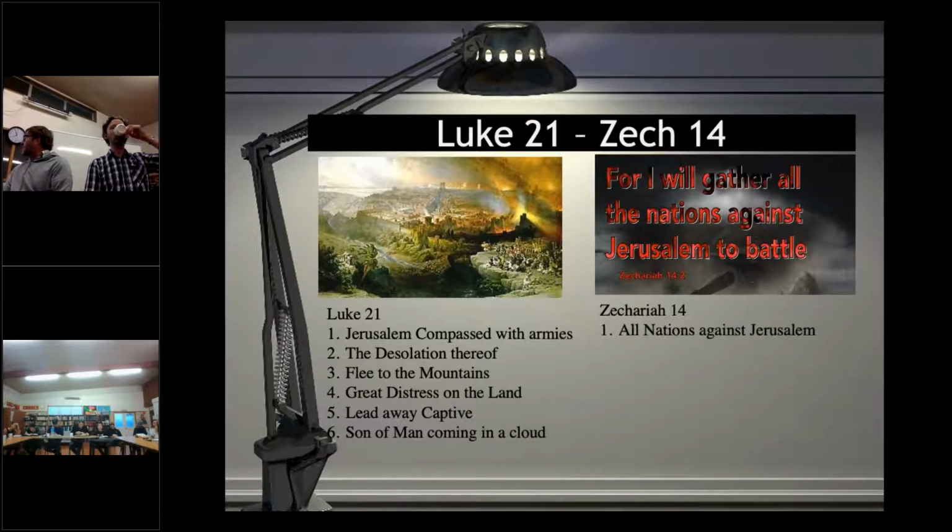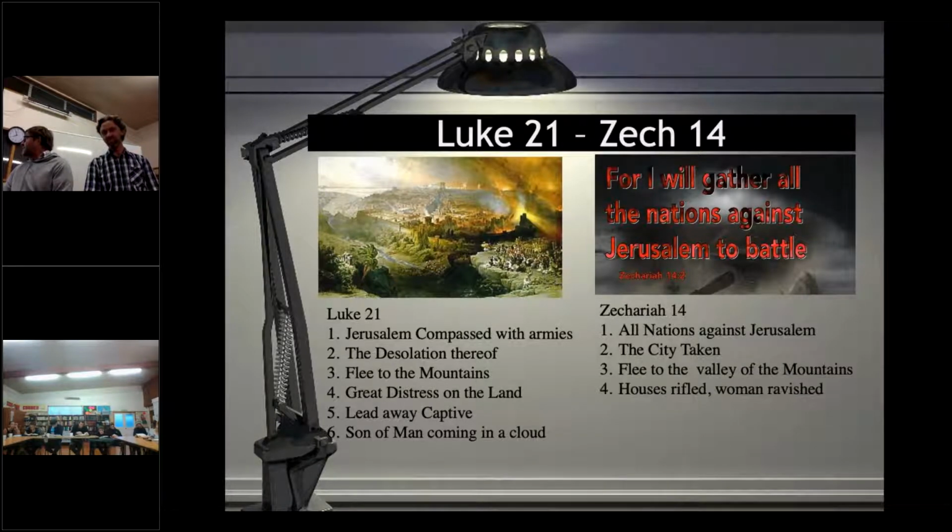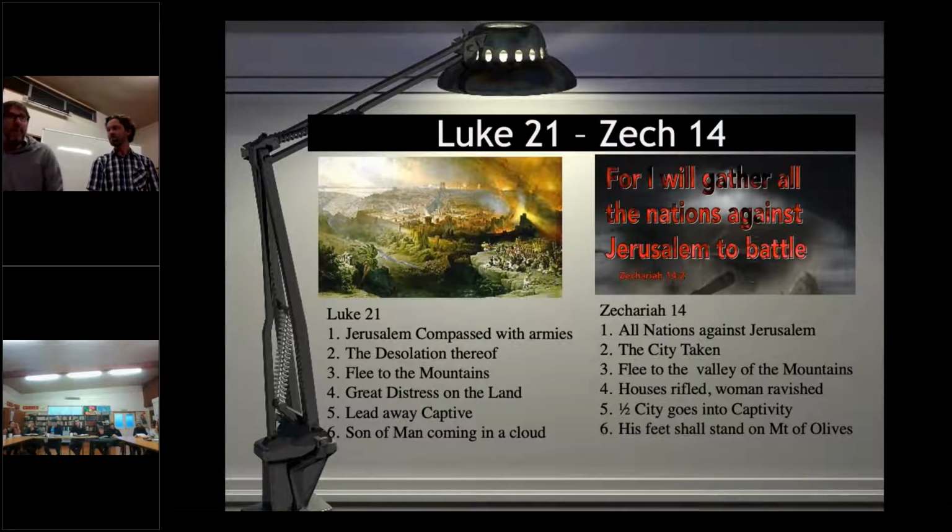Zechariah chapter 14 starts, all nations will be gathered against Jerusalem. It says the city will be taken, desolated. Then it says they will flee to the valley of the mountains. It says the houses will be rifled and the women ravished, great distress upon the land. Half the city will go into captivity, and then his feet shall stand on the Mount of Olives. So there is a nice structure and flow between those two things.